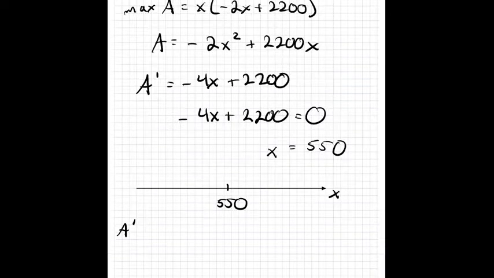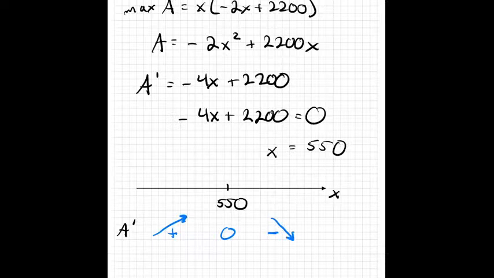If we choose any number less than 550 and plug it into the derivative, we get a positive result, so that means the original should be increasing. For a number larger than 550, say 1,000, just because it seems easy, we get negative 4,000. The final result is negative, so the original function should be decreasing. So that implies that 550 is a max.